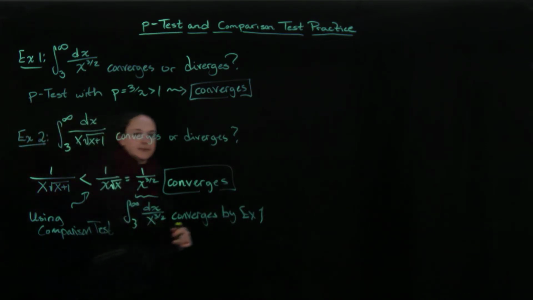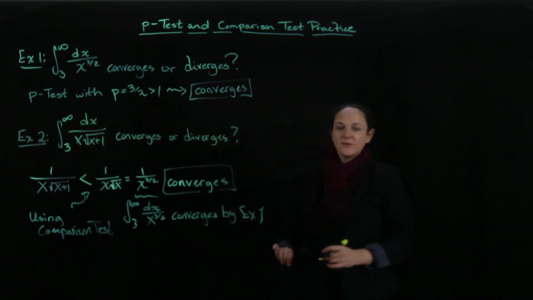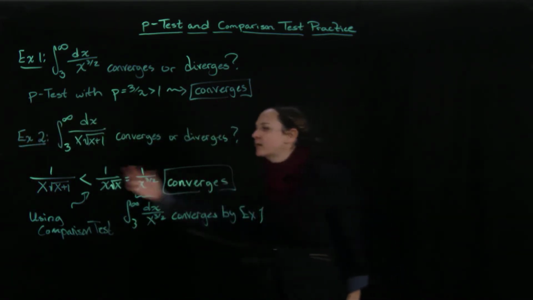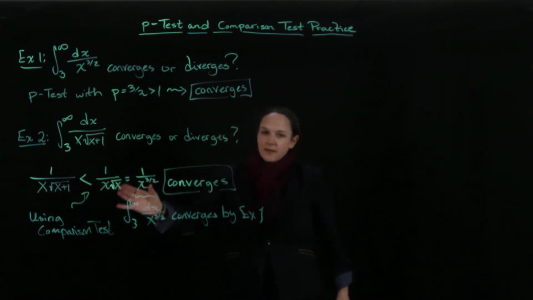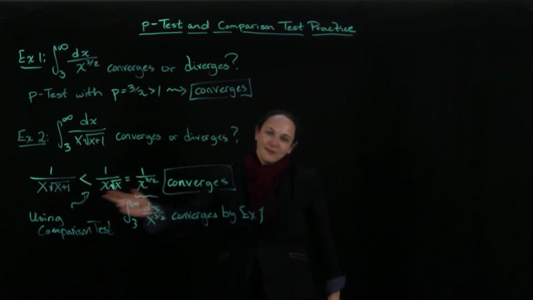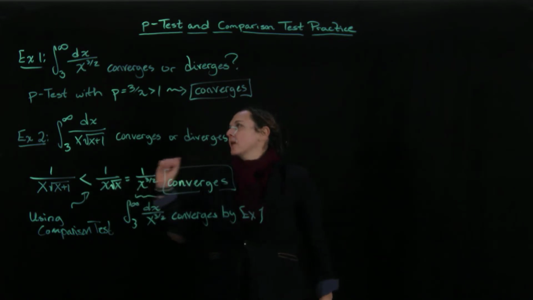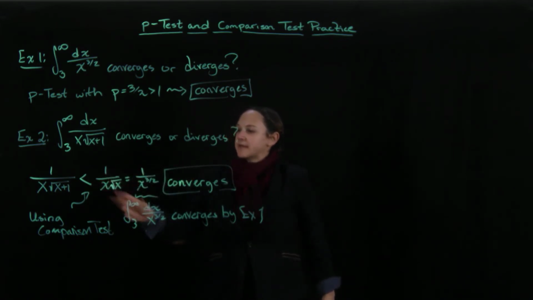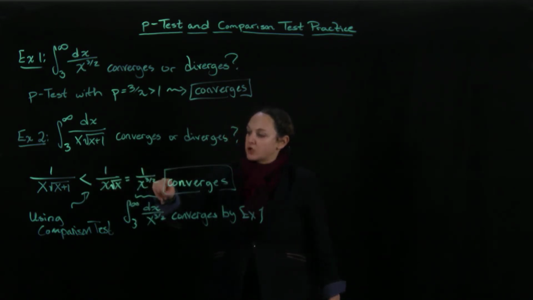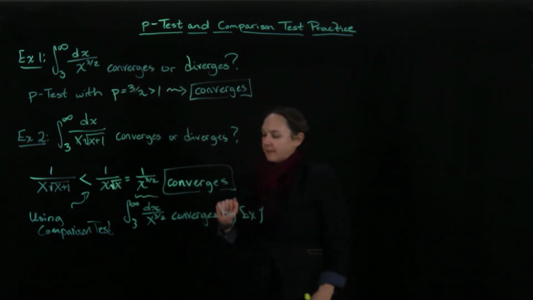We can see that this one converges using the previous one, and the fact that this is smaller than the previous one for all x values in our interval, which allows us to use the comparison test because we know that one converges by example 1.